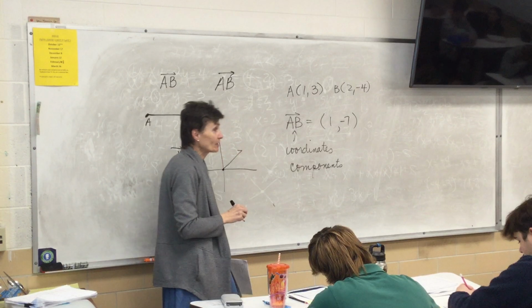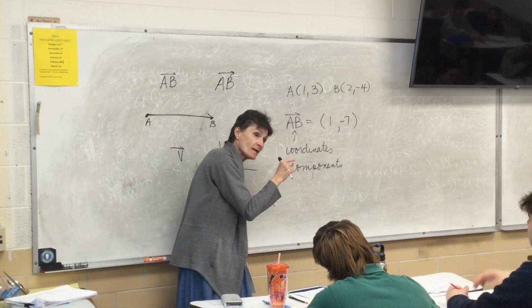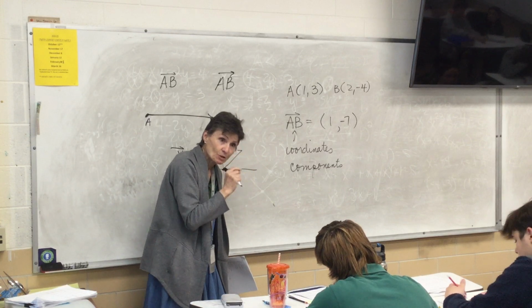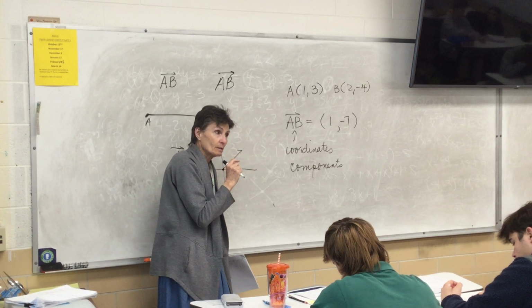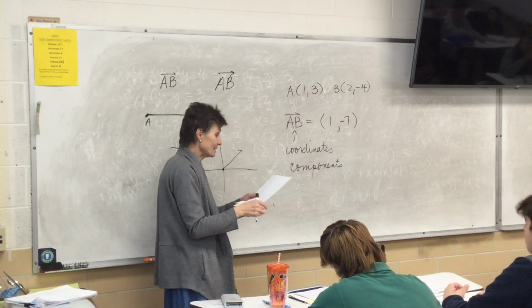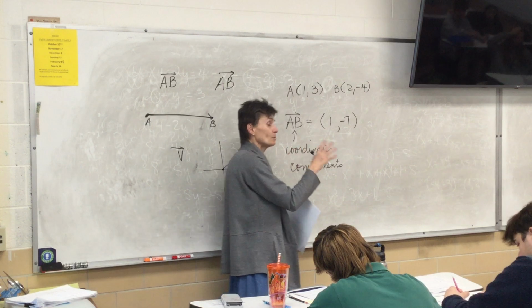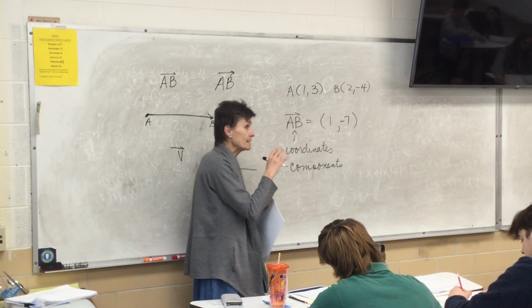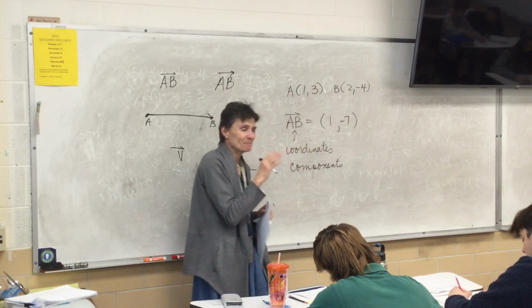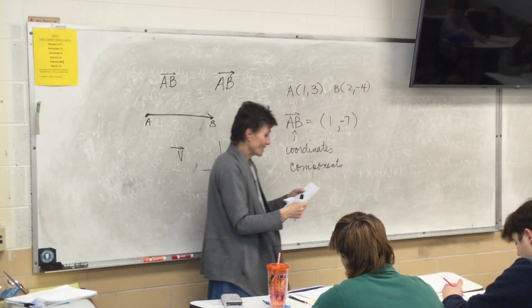So that vector moves 1 unit in the X direction and negative 7 units in the Y direction. Vector components are simply the X and the Y. They're linked to sine and cosine because X and Y are linked to sine and cosine. We'll talk about that later.